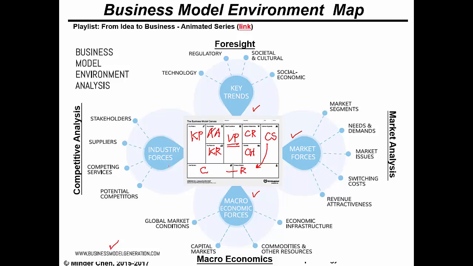And the fourth but not the least are the industry-specific forces. We're going to introduce each of these four major driving forces in detail, but let me just pick a few of the detail items in these four key driving forces and try to relate that to the business model canvas.